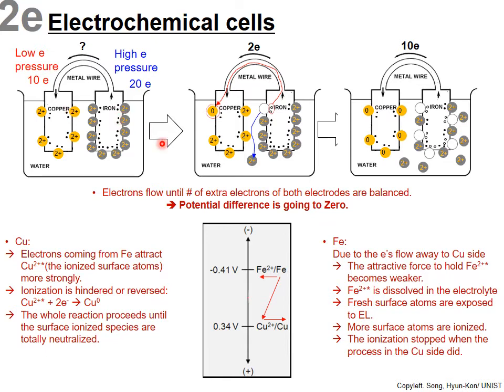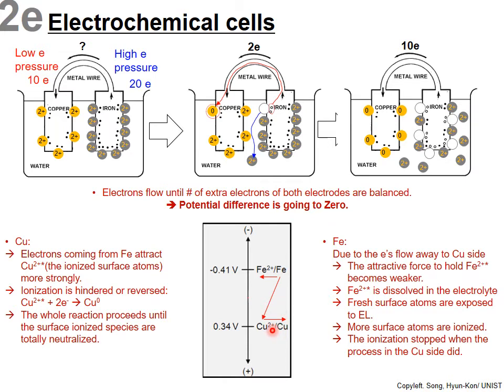Let's go back to the electrochemical series. The reduction potential of the Fe2+/Fe pair is minus 0.41 volt. The reduction potential of Cu2+/Cu is plus 0.34 volt. That is to say, the iron thing has a more negative reduction potential than the copper thing.